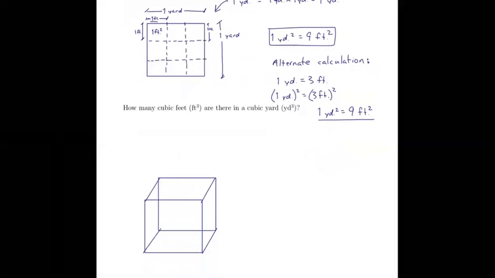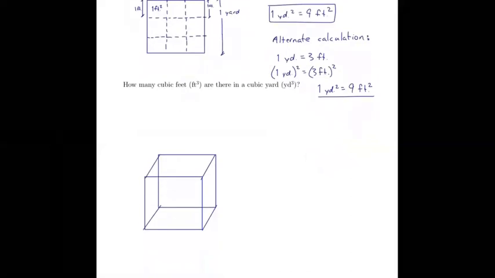Okay, similarly, below, if we have 1 cubic yard, how many cubic feet are there in 1 cubic yard? Well, it's not 9, it's not 3, something more going on, right?